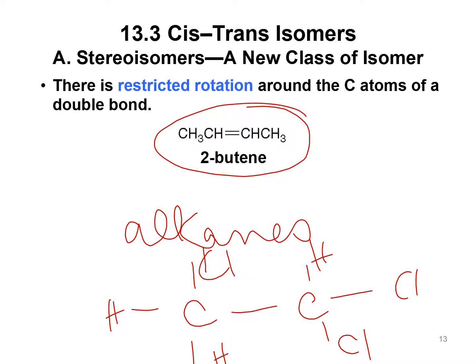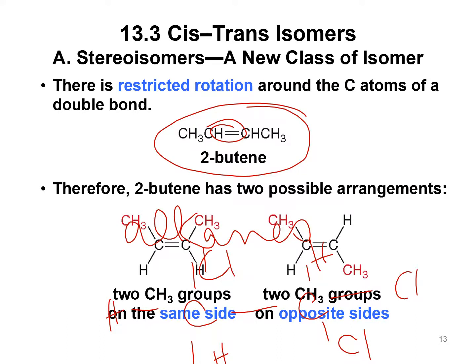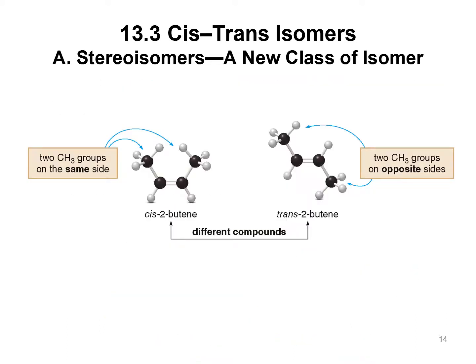Whereas with the butene, along this double bond, you have very restricted rotation. Therefore, you have what are known as isomers. If the substituents are on the same side, we call them cis. If the substituents are on opposite sides, we call them trans.